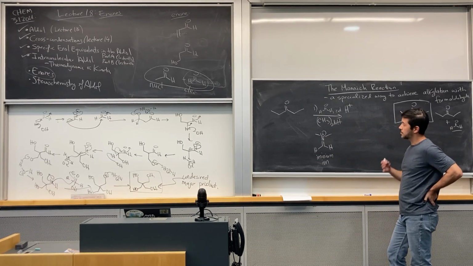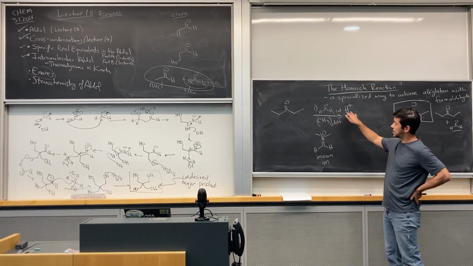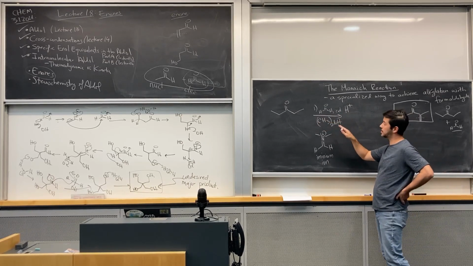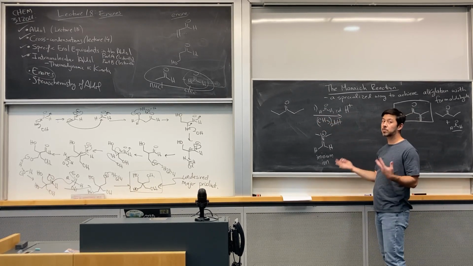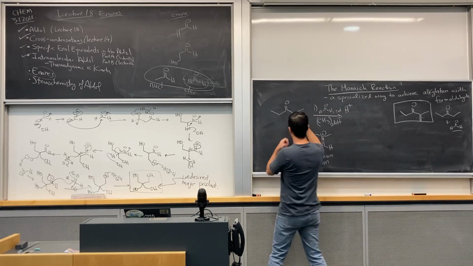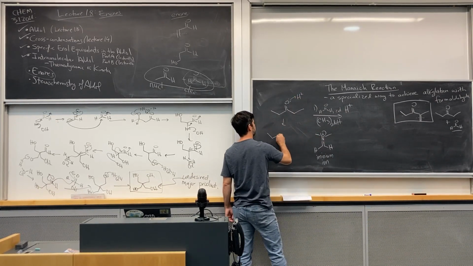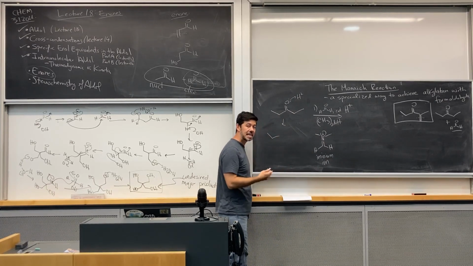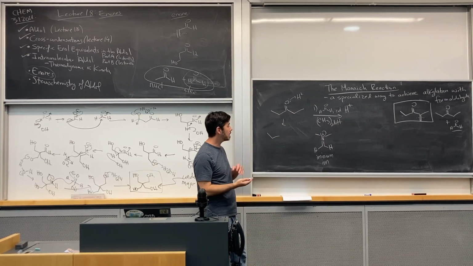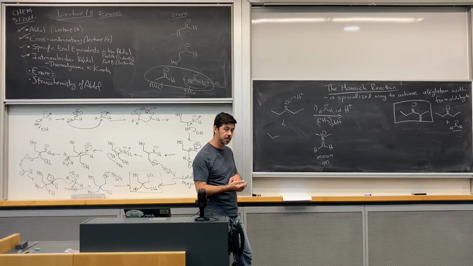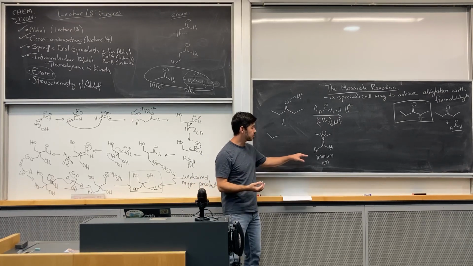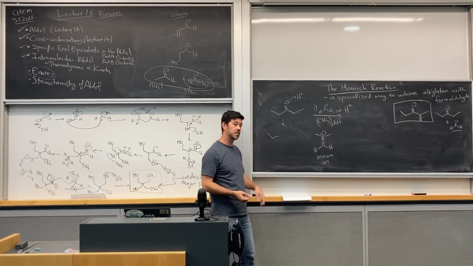Now, because we are under acidic conditions, this is where you add in your ketone, and the dimethylamine is also a weak base, so what you're going to end up doing is protonating. Instead of forming an enolate, we're going to form an enol, which is a weak nucleophile, but because we have such a strong electrophile, it puts us in good shape for that.